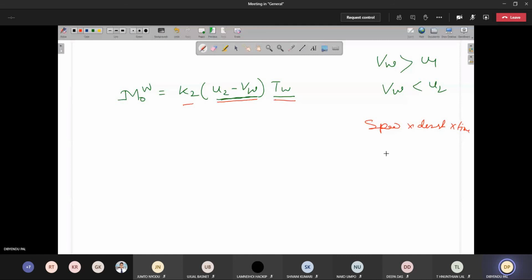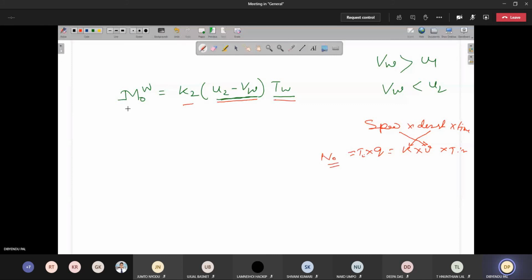If you remember, Q equals what we have written? K into V, where V is the speed and K is the density, right? If you multiply this Q with time, what do you get? The number of vehicles.